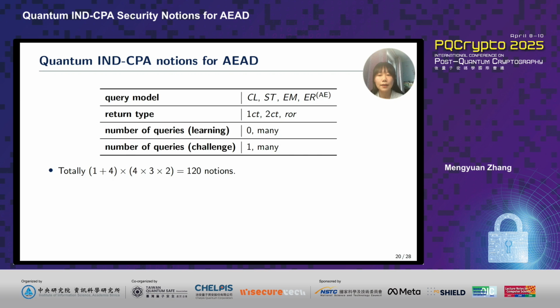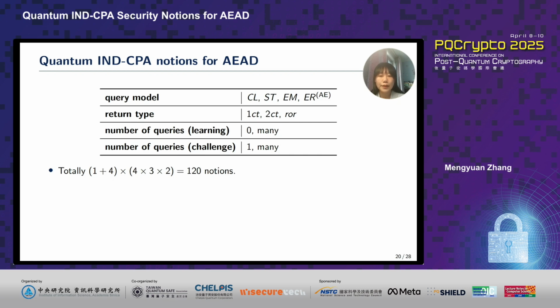So now we can theoretically calculate all possible quantum CPA security notions. First, the query model, which can be classical, standard, embedding, or ERAE. The return type, which includes one ciphertext, two ciphertexts, or real random. And we consider the number of queries in the learning phase could be 0 or many.